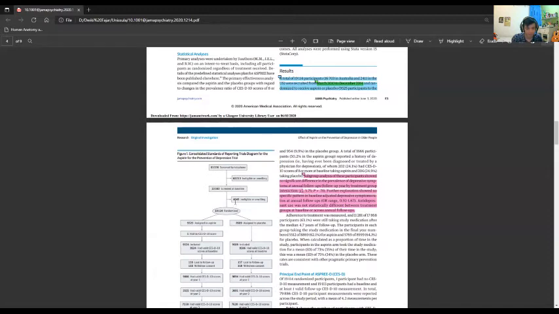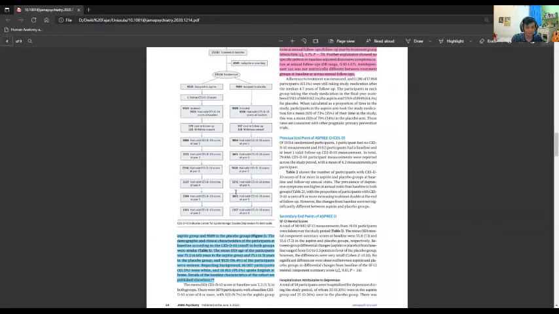But next, 4,000 are ineligible or unwilling, and this is the final, right? The final number of participants who were willing to be participants is less than 20,000. Sorry, and this is the flow of the participants.